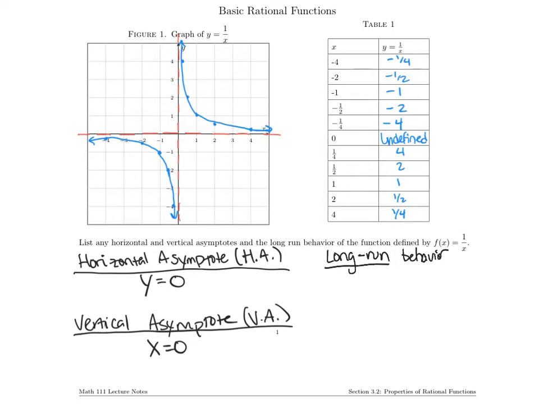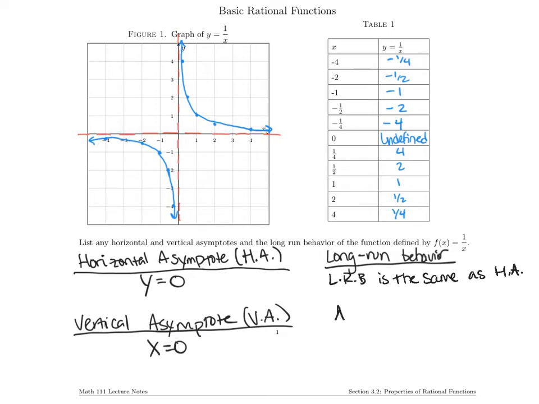And the cool thing about long run behavior is that your long run behavior, the RLB, is the same as your HA, or your horizontal asymptote. So wherever your horizontal asymptote is, that's where your arrows are going.